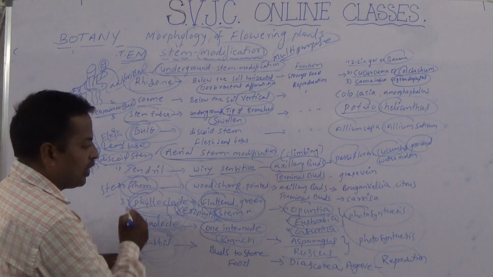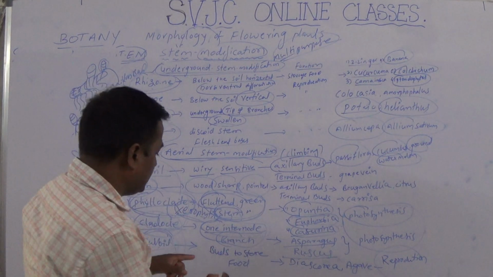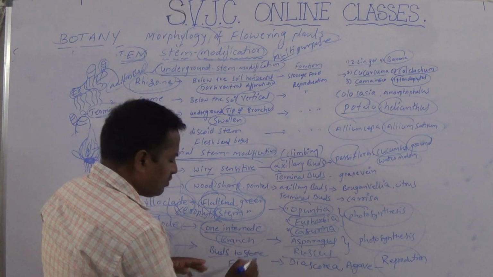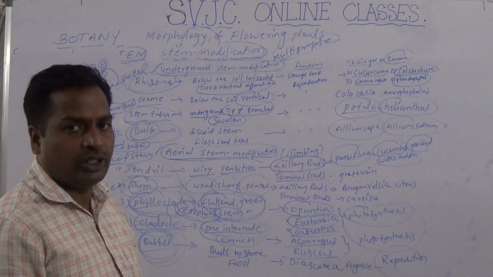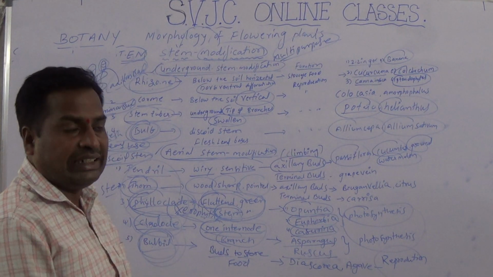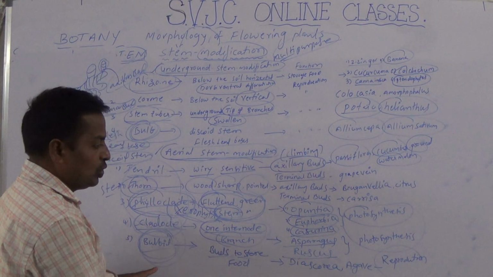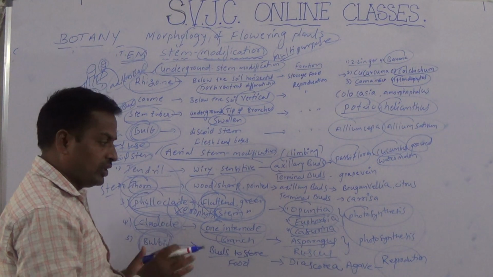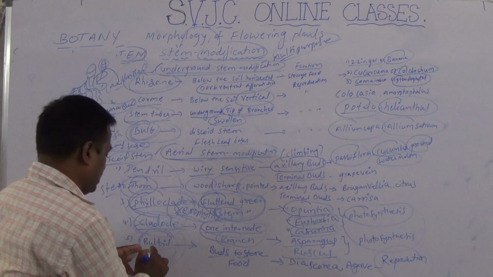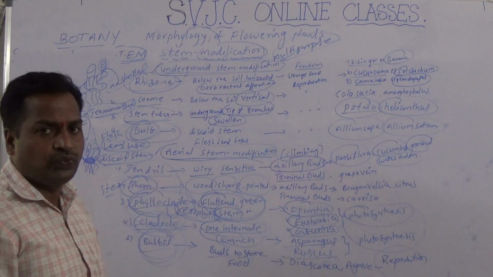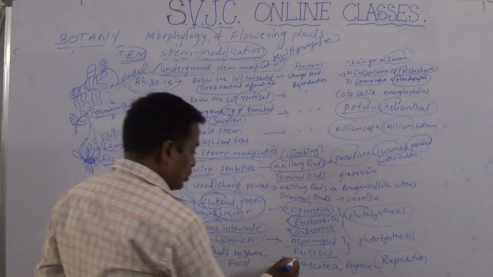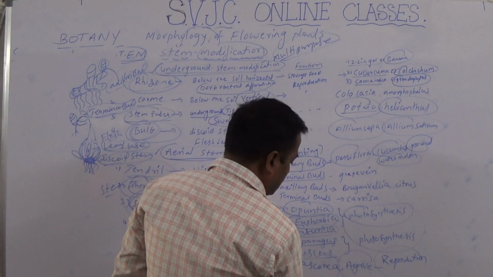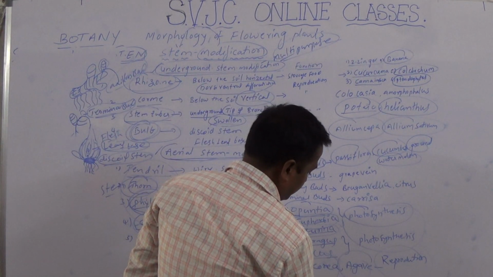Only bulbil performs reproduction. It is when the buds, either vegetative buds or floral buds, store food materials and are detached from the parent plant to become new plants under suitable conditions. So what is the function of bulbil? It is useful for vegetative reproduction. Examples: Dioscorea, Agave, Oxalis, etc.